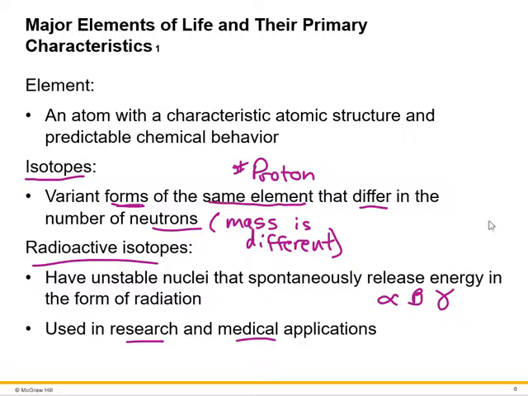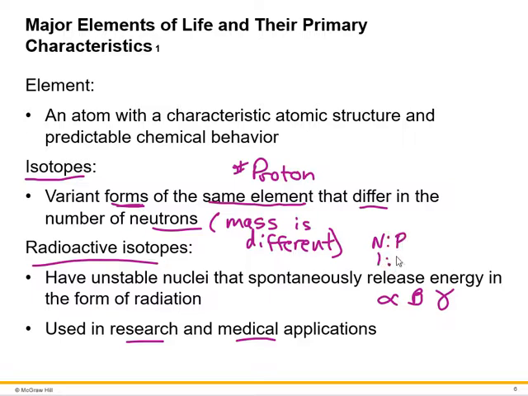So these little particles come off, and that decreases the mass as they are released, and then eventually sometimes they decay into other elements. They are spontaneously releasing energy, and it's usually identified by the ratio of neutrons to protons.